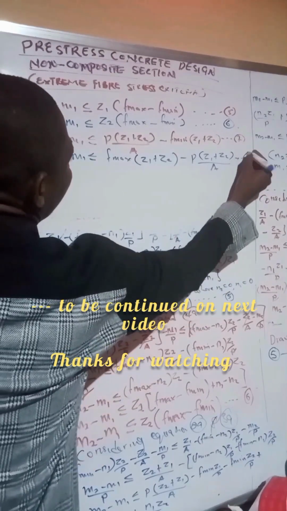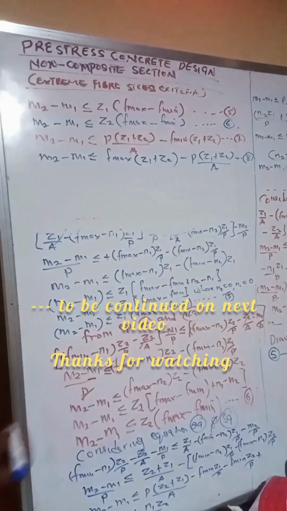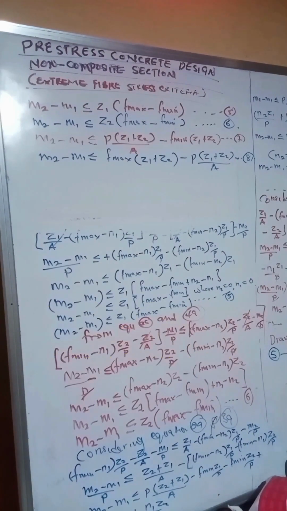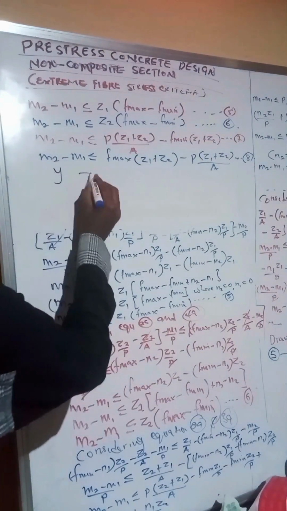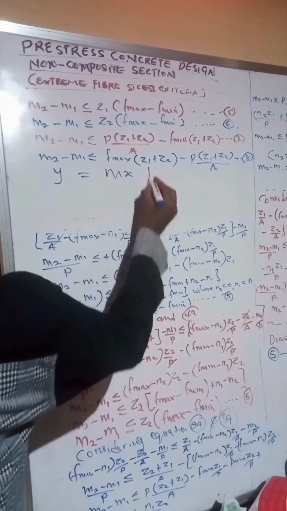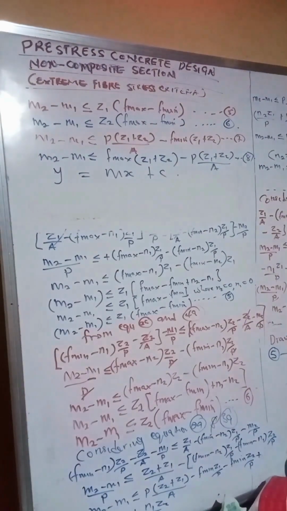This is equation number 8. The next thing we are going to do is compare it with the equation of a straight line. Remember that the equation of a straight line is y equals mx plus c.